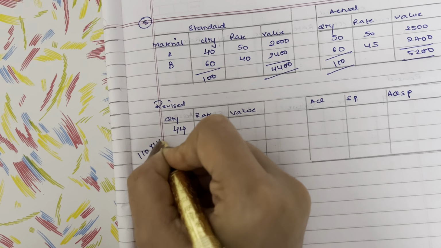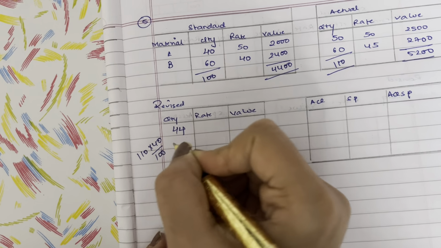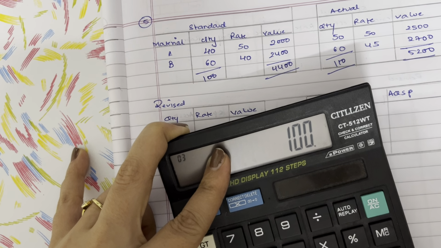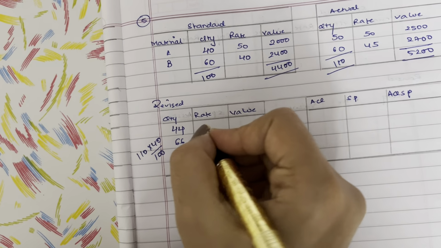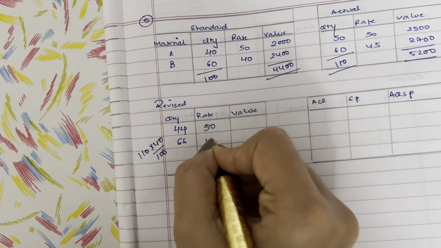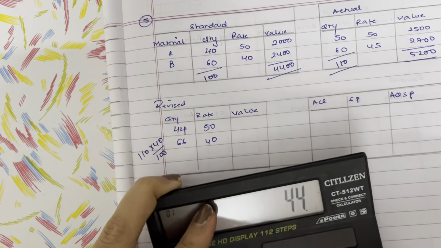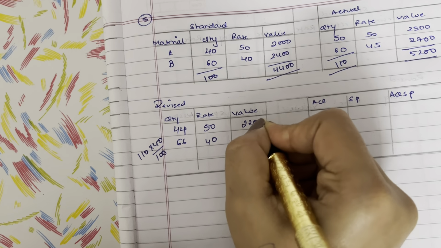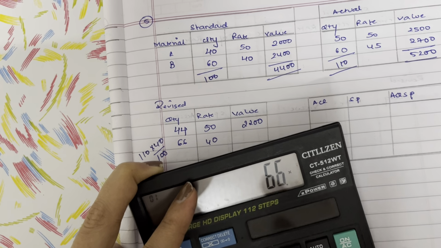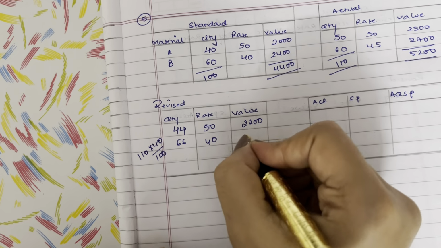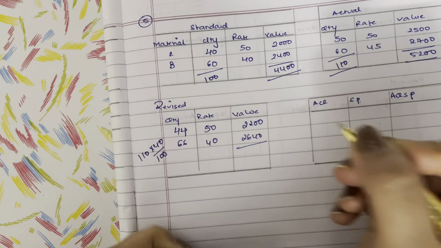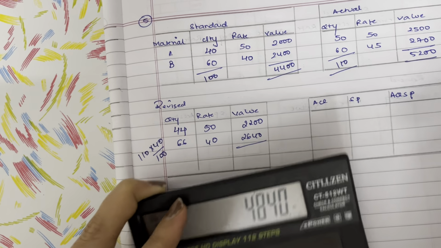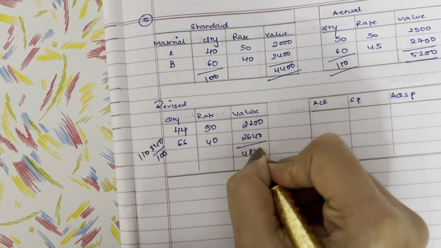Then 110 into 60 divided by 100, which will be 66. So revised quantity is 44 and 66 at standard price 50 and 40. 44 into 50 will give me 2200. 66 into 40 will give me 2640. 2640 plus 2200 will be 4840.